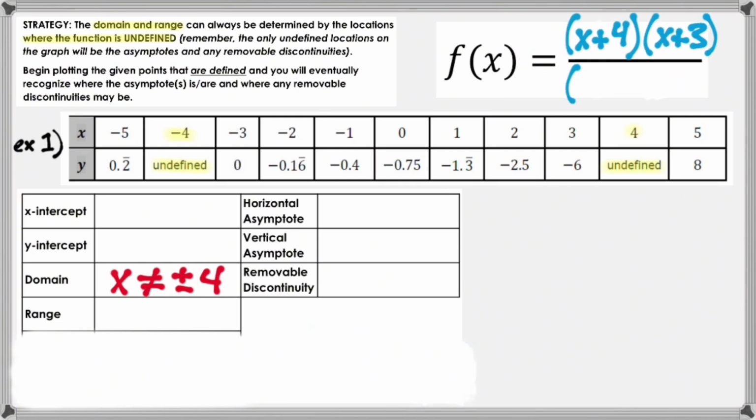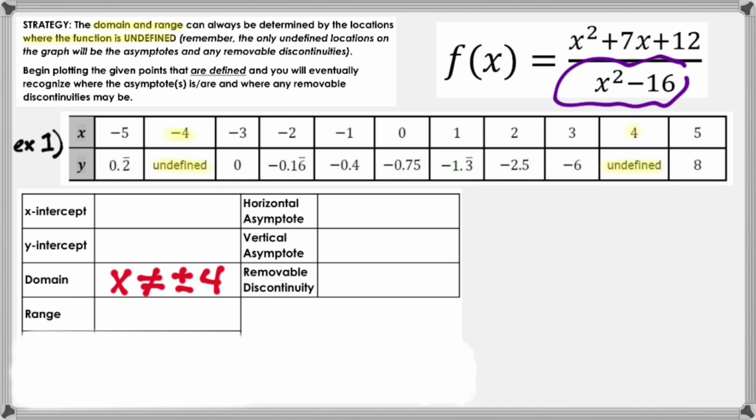Next, in this case, just to support that point more, let's go ahead and factor the numerator and the denominator. So let's back that up. The numerator you can factor normally to get x plus 4 times x plus 3. And the denominator is a difference of squares, something from a previous chapter in Algebra 2 that I'm assuming you kind of remember.